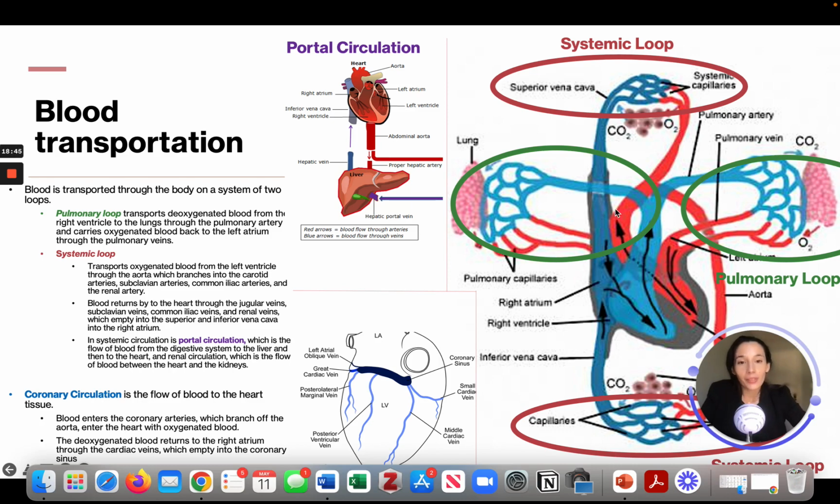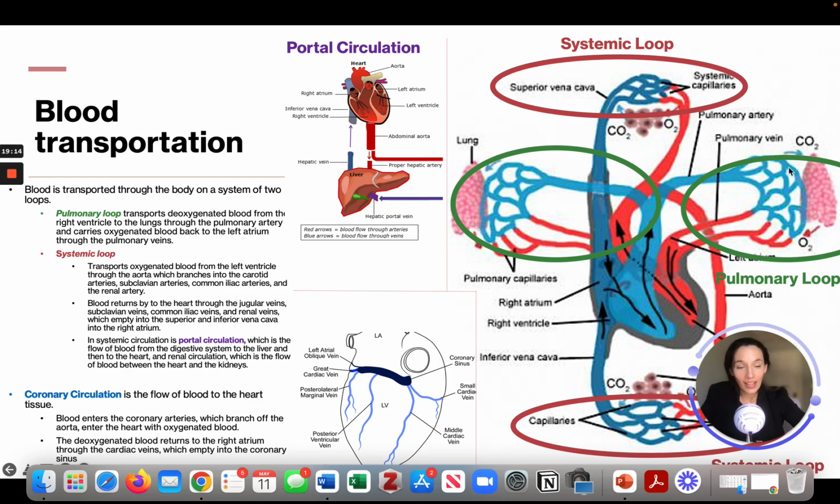Blood comes in through the right atrium to the right ventricle, gets pumped through those pulmonary arteries, which then go down into the capillaries at the alveoli. And remember, the capillaries are just a single layer so that the oxygen can cross over from the lungs to the blood, and the carbon dioxide can pass from the blood into the alveoli and be excreted from the body.